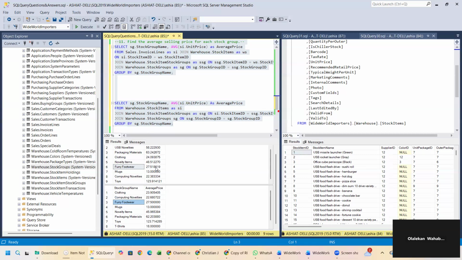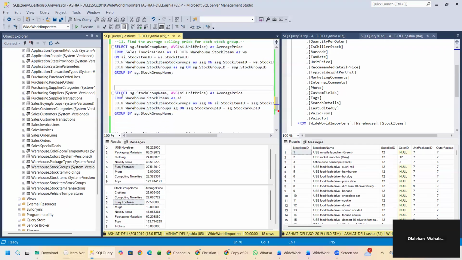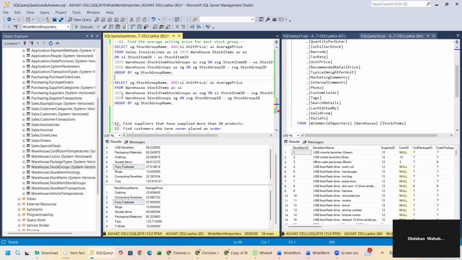One ordinarily should be higher, while the other one should be lower, because you are expected to make some profits from whatever you sell. So that's the variance that you are seeing there.